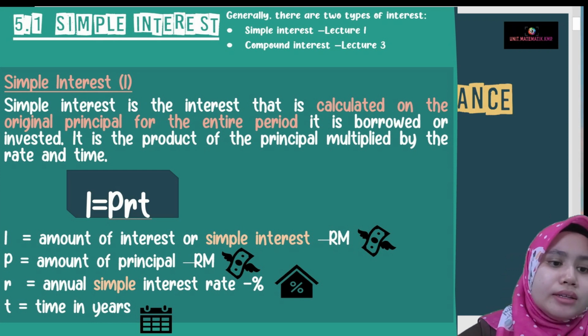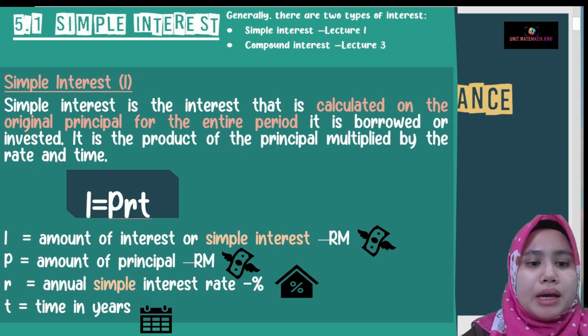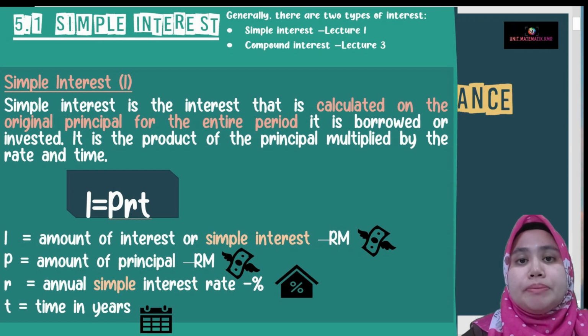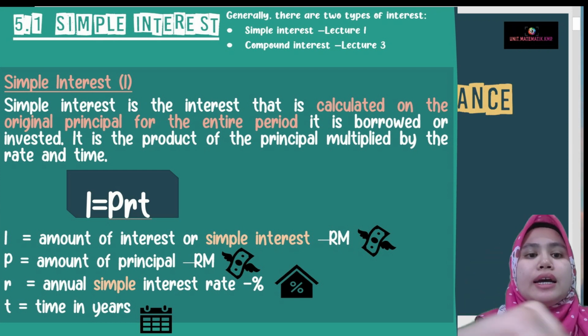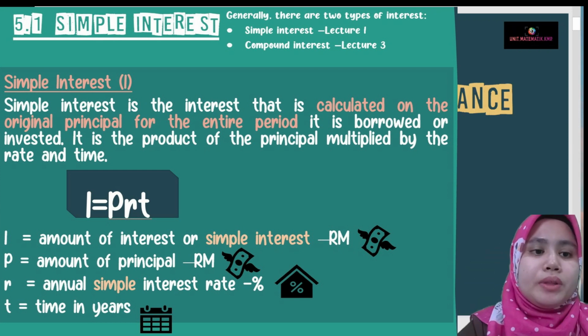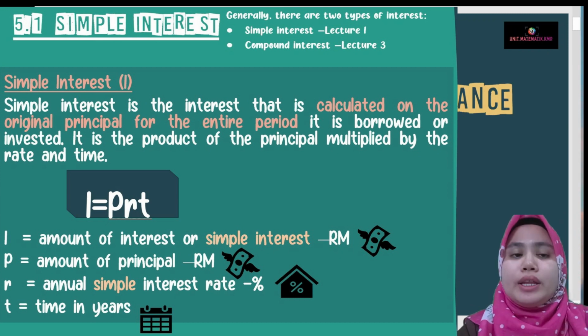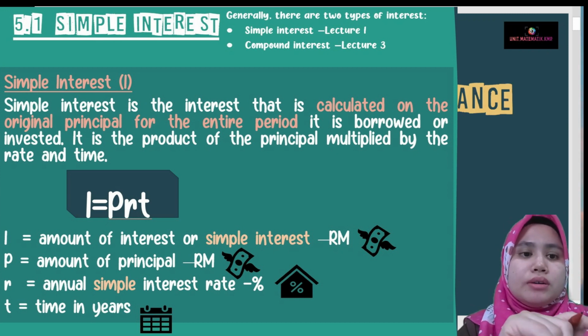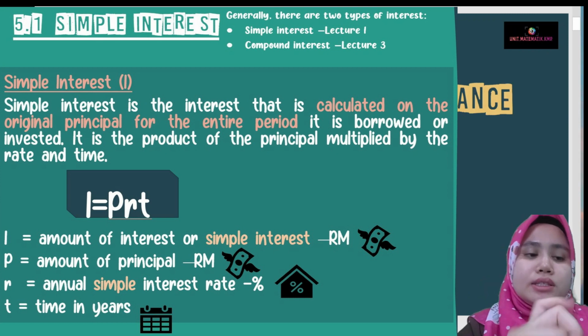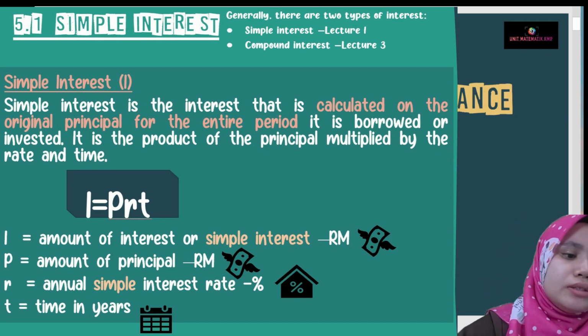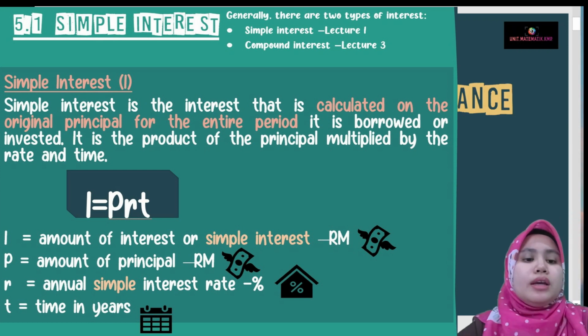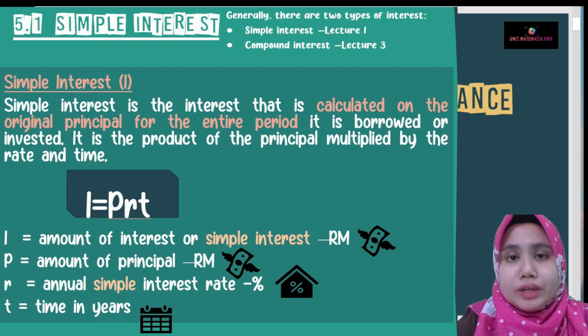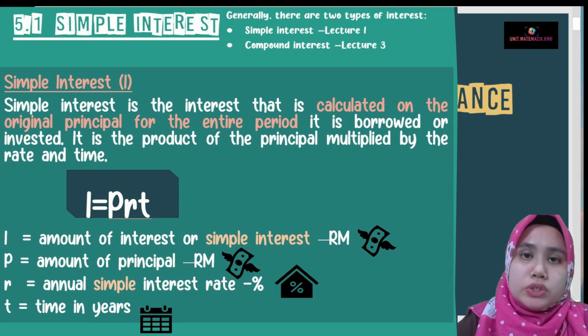I is the amount of interest, or simple interest. Actually, it should be capital I; maybe the font that I chose doesn't have a capital I. In your books you must use capital I. Capital I is the amount of interest, or simple interest.